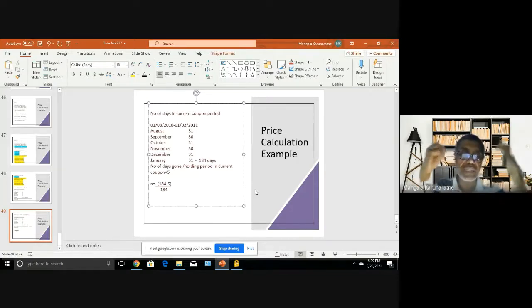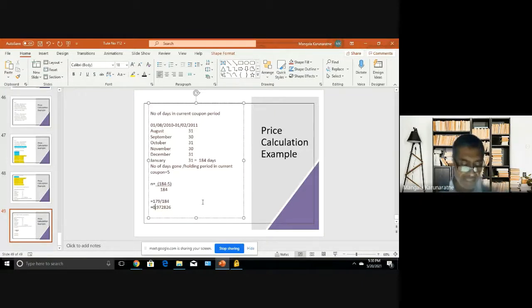So basically this equals 179 days divided by 184. It's very simple, right? By now you should be able to get the answer. This is 0.972826. So this is for the broken period.